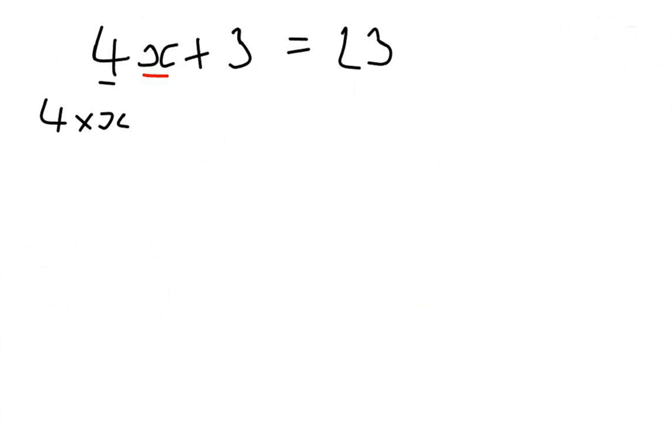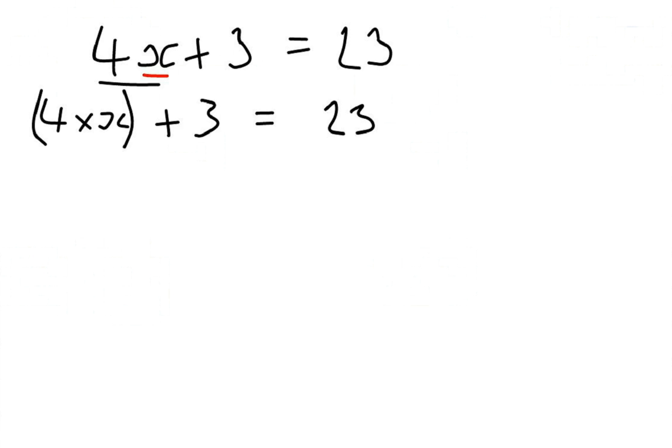This first bit here, 4x, means 4 times x. So 4 times x, 4 times our unknown number, add 3 will give us the answer of 23. Okay, we're going to find out what that x is. This is why this step is called a two-step equation.